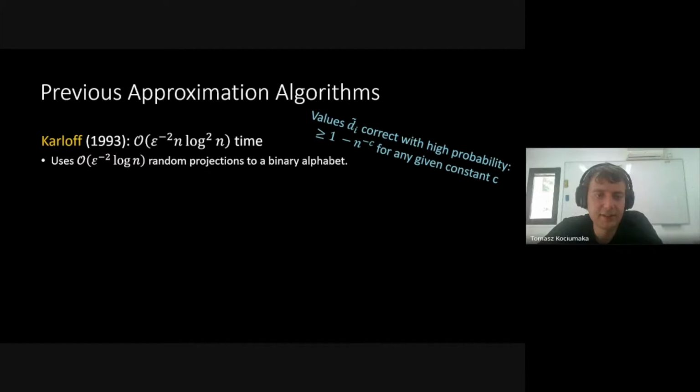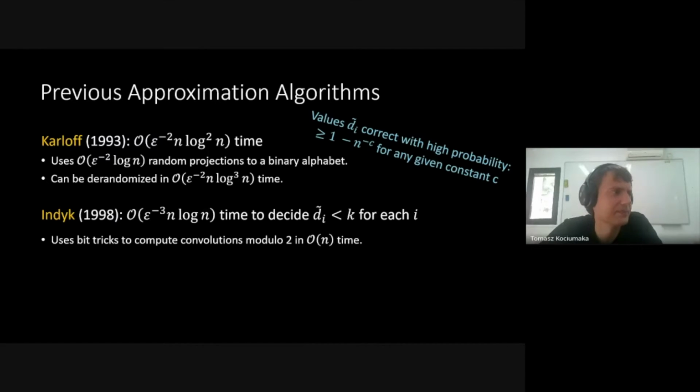So that's Karloff's algorithm, the randomized one. Karloff also had a deterministic counterpart, which is slightly slower by an extra log n factor. But all the subsequent algorithms are randomized again, and we don't know of any deterministic versions.